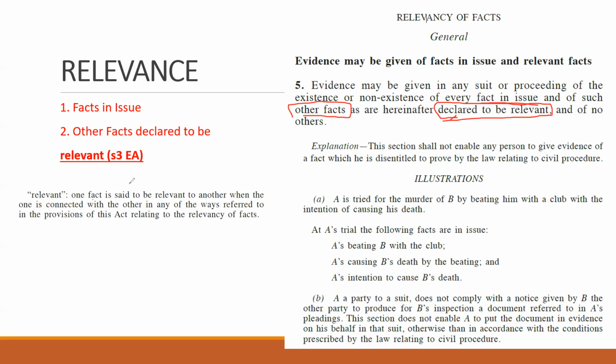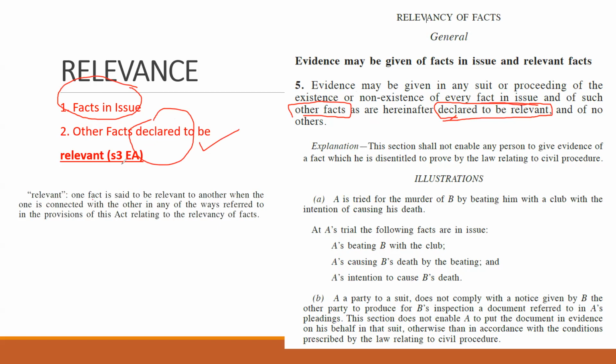So this is the so-called other facts declared to be relevant. That means whatever evidence you put forward in your criminal or civil trial shall only be confined to facts in issue and or other facts declared to be relevant, okay?